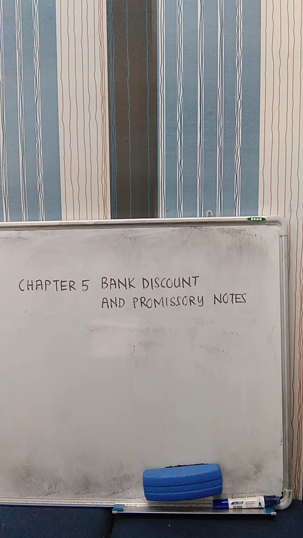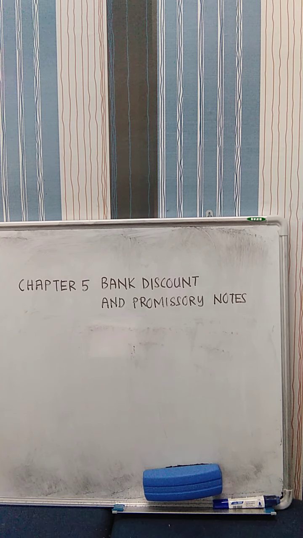RM 2500, 20 April 2019. 60 days after date, I promise to pay to the order of Maya Ringgit Malaysia 2,500 only for value received with interest at the rate of 8% per annum until paid.